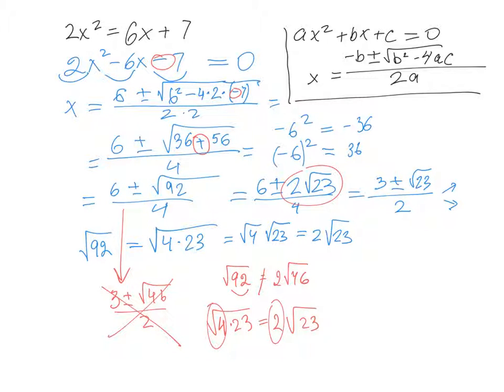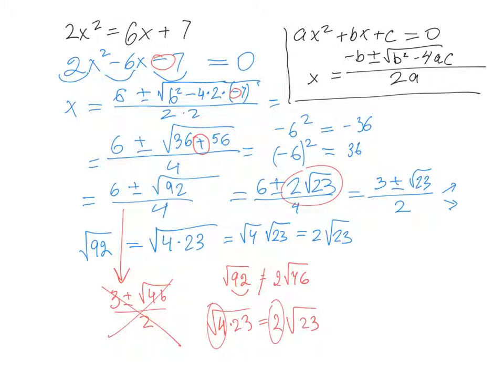So when we cancel by 2 in this fraction, we divide by 2, we divide by 2, we divide by 2, but inside the radical, we kind of divide by 4. In other words, what you really need to remember is that in a situation like this, you must be careful. You may want to take a side note, simplify your radical separately, and then divide every term of this fraction by 2.